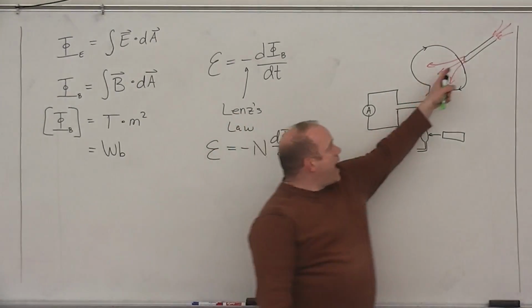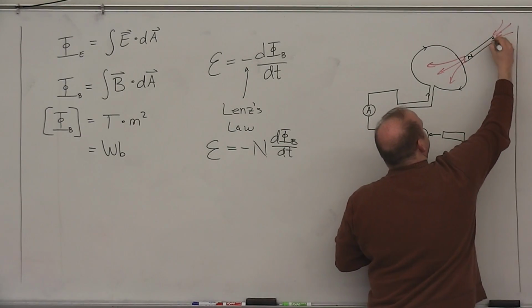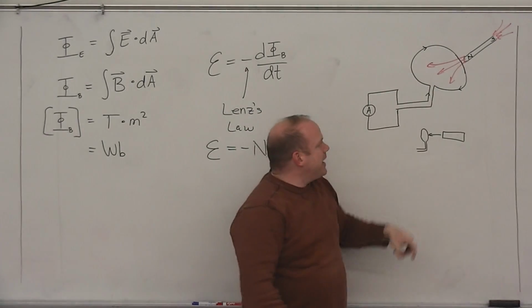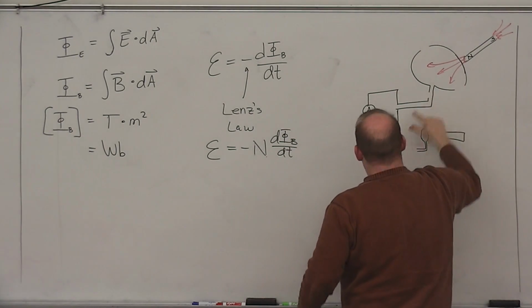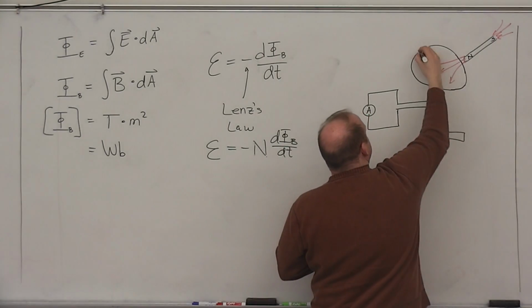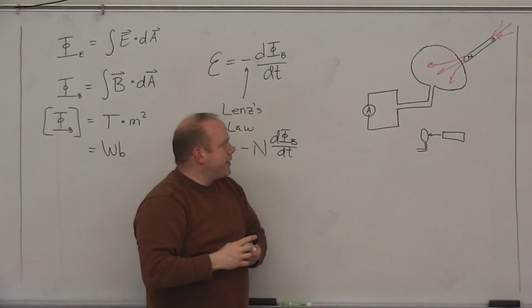Now, I take this north pole out. I probably should label this north, label this south. Now, I have these magnetic field lines that are pointing in this direction. Just take current out. Now let's just say for the time being that the magnet is just staying there. I should talk about this first.